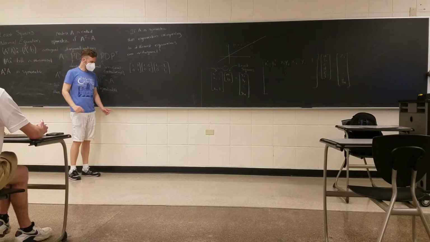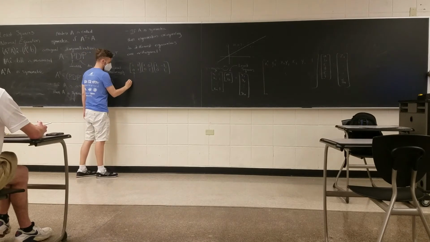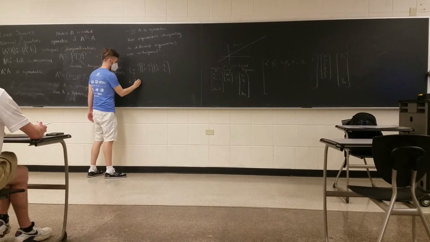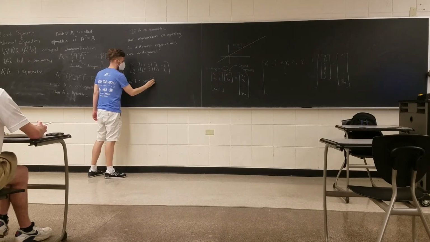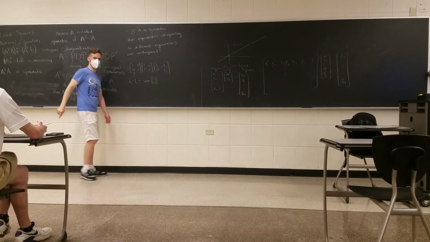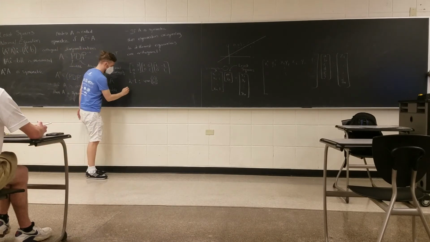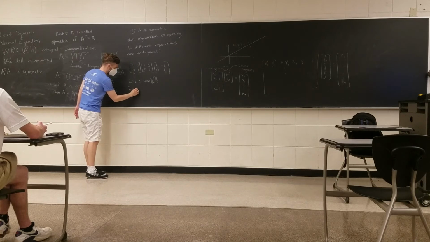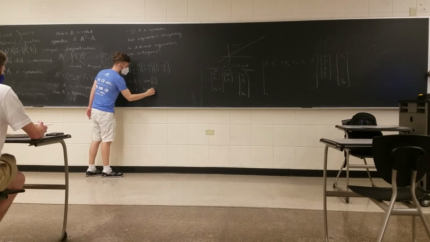Now let's look at the eigenspaces. There's an eigenspace corresponding to the first eigenvalue, which is 1. This eigenspace is the span of (1, 0). Now, the second eigenspace: lambda 2 is equal to 2. This is the span of (1, 1).